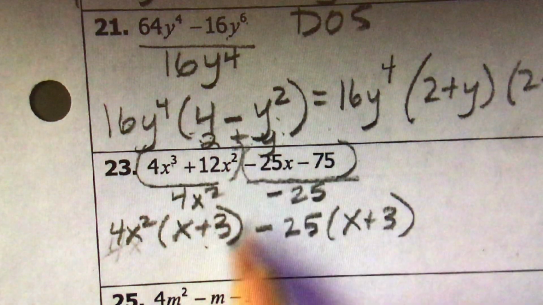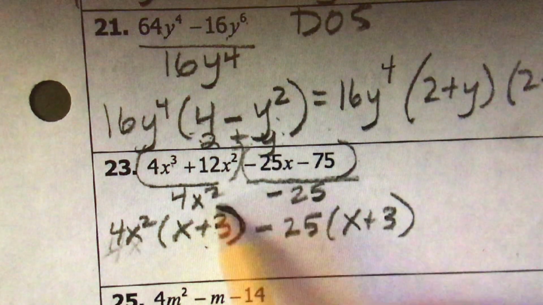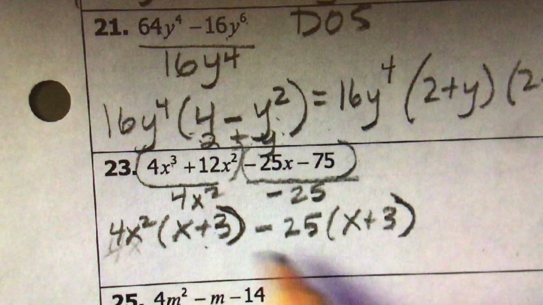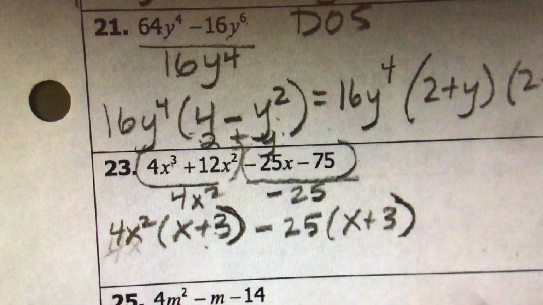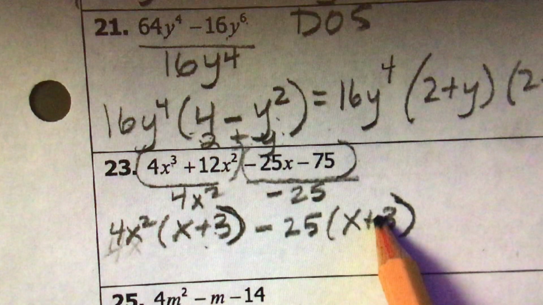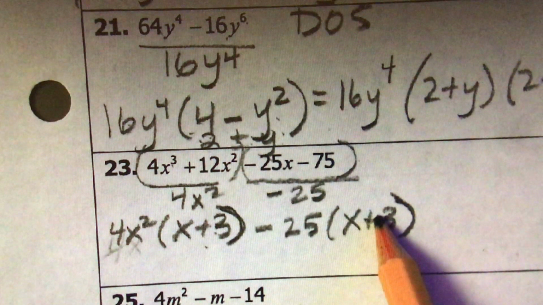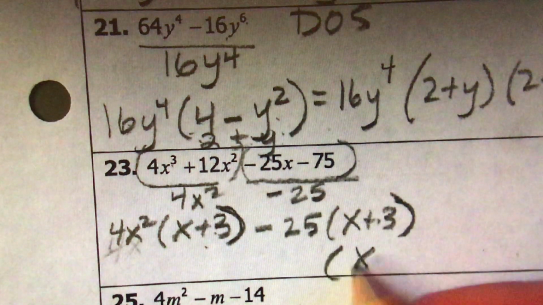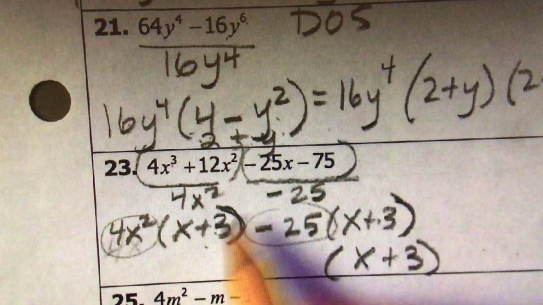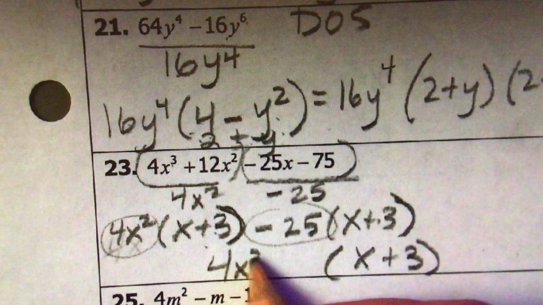If I have sibling rivalry, I'm looking for that common thing that they have. A common factor, which is the love for their mother, which is really represented by x plus 3. So that becomes one of my new factors. Whatever is left becomes my other binomial factor.